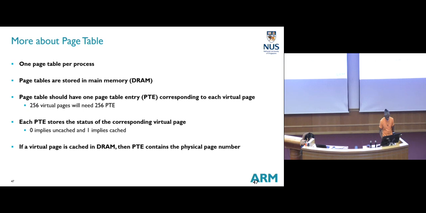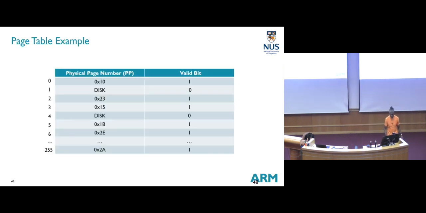So if I look back at this, for example, if I have 256 virtual pages, that means I have 256 page table entries. Again, with this example, since I have 256 virtual pages, I have 256 entries in the page table, and this is how it may look.